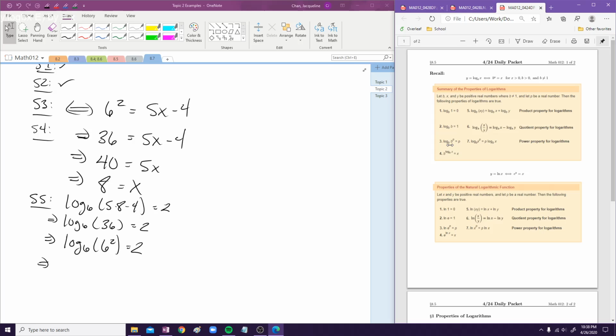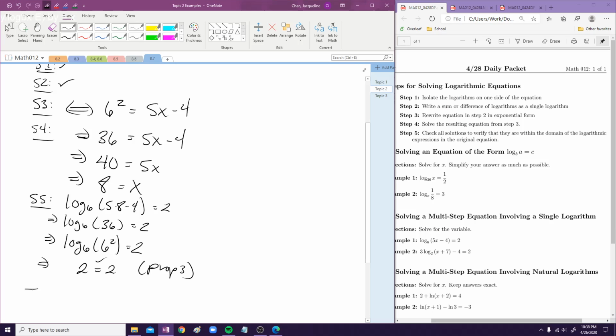If I have the base to a power, then log of that is just the power. So then I get 2 is equal to 2, and this was by property 3. So this is true. So not only is our equation true, but the domain is also good. So what does that mean? That means x is equal to 8.